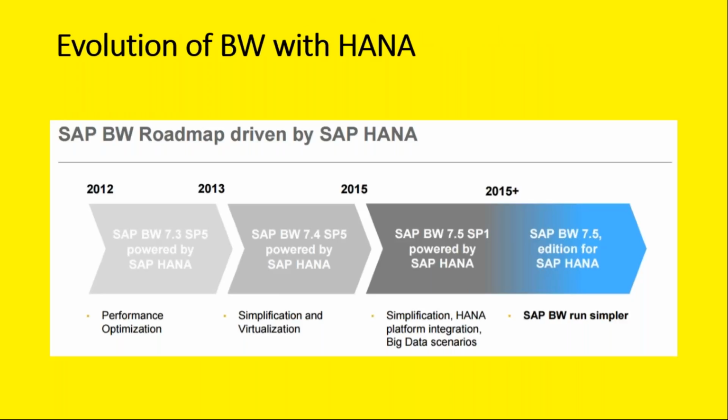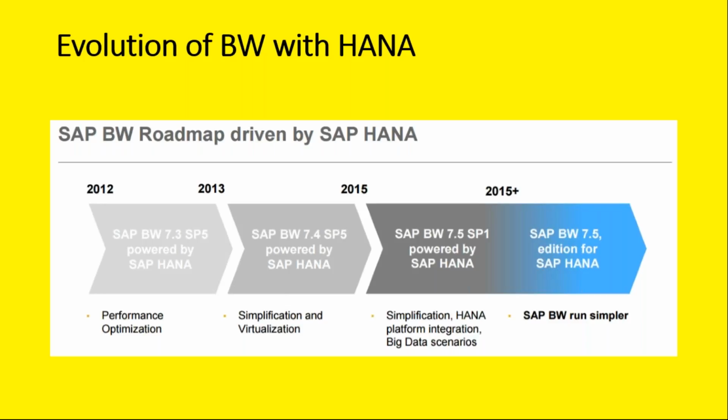All of you know BW has been there for almost 3 decades now, and there have been a lot of improvements in functionalities. There have been improvements in how the versioning has changed, and also the latest buzzword that we have is SAP HANA, and how we have SAP HANA and its features integrated into the latest versions of BW, 7.5.